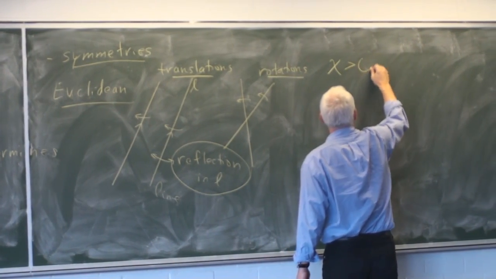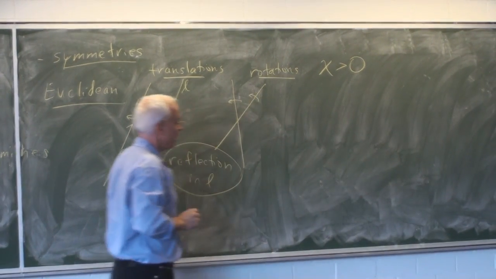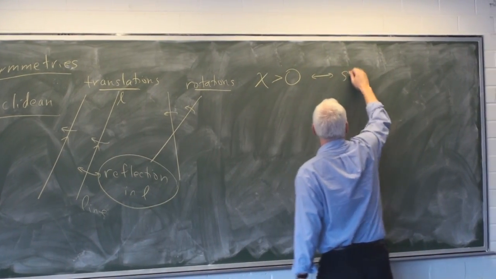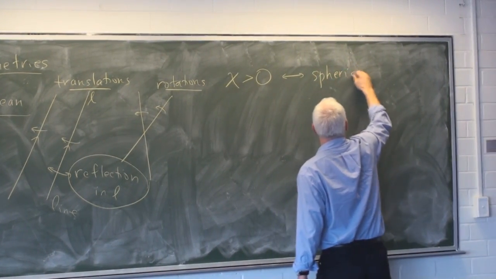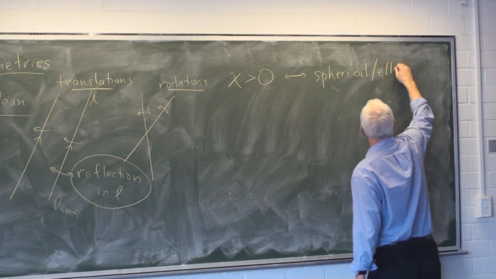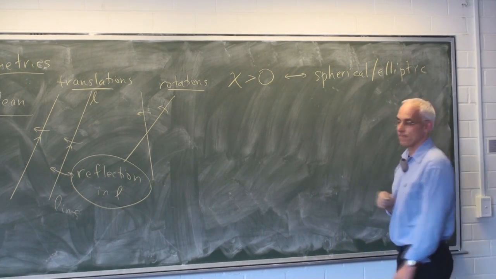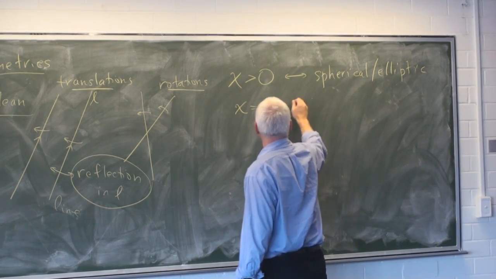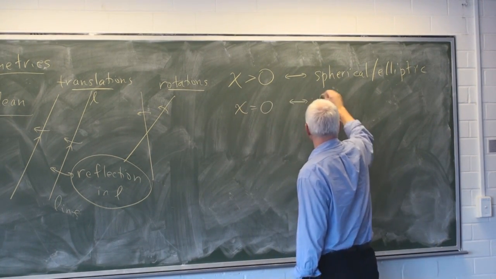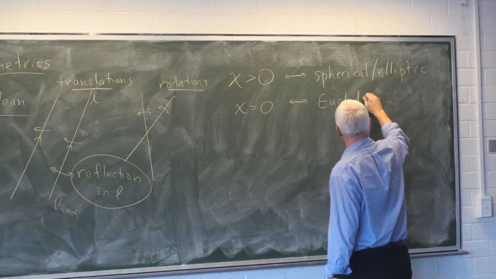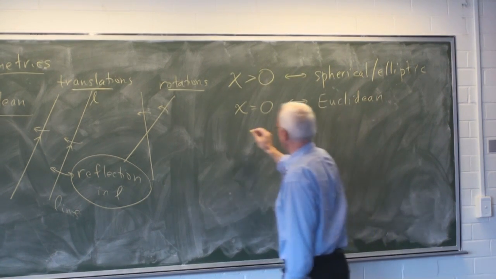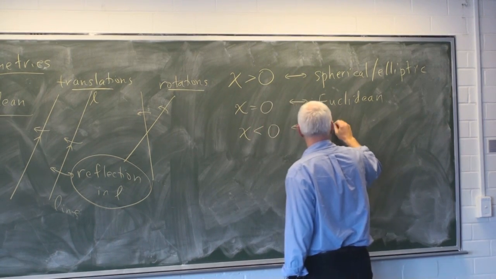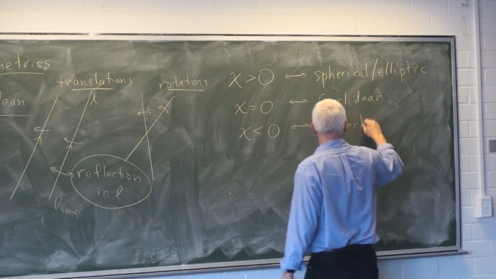So the Euler number being positive ends up corresponding to spherical or elliptic geometry. The Euler characteristic being 0 corresponds to Euclidean geometry. And the Euler characteristic negative corresponds to hyperbolic geometry.